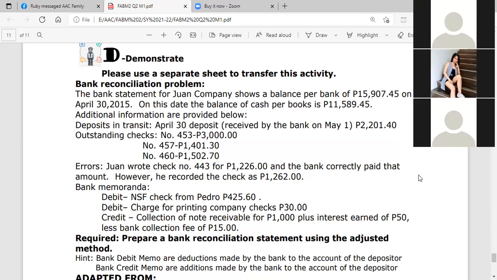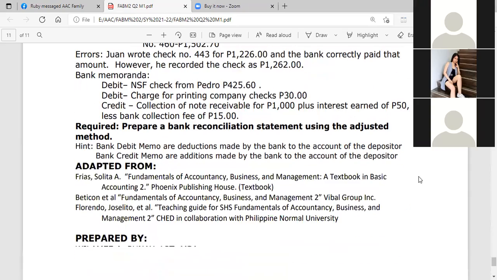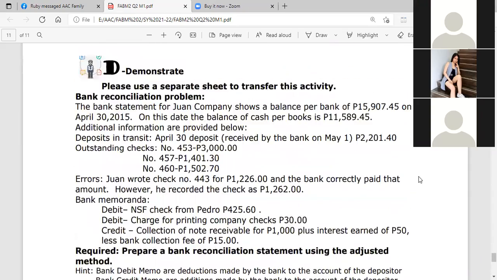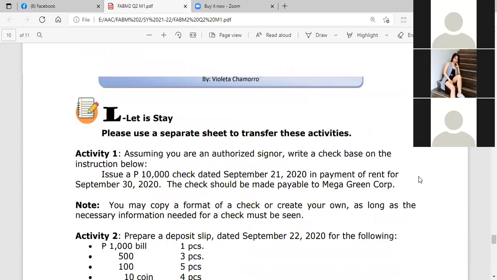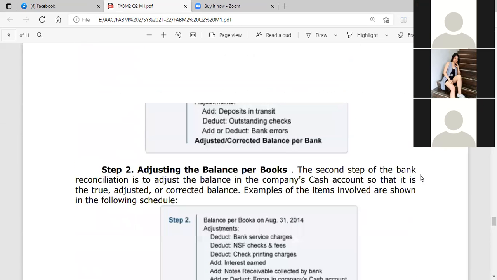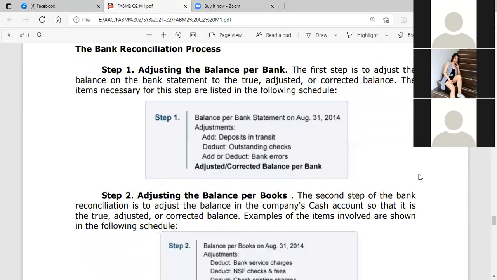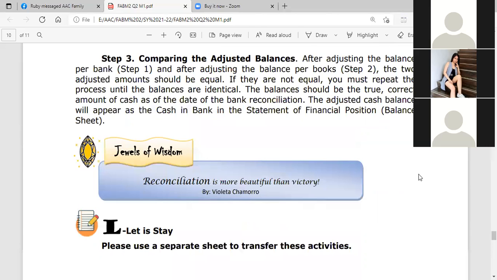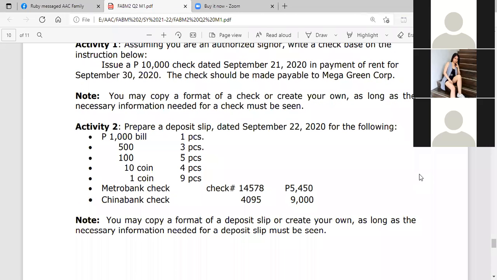No more? Okay. Those of you who have lacking work, I have already sent it to you in our group chat for accounting. Please submit it as soon as possible, because next week I'll start validating your grades and our deadline is on the 24th.